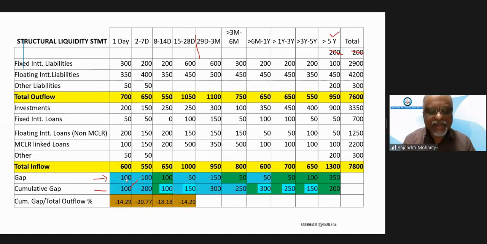Next, you have to find the gap and cumulative gap. When you find this cumulative gap and gap, then you have to calculate the cumulative gap to total outflow percentage. Can you calculate and tell me whether my figure of minus 14.29 is correct? Yes, sir. Correct.